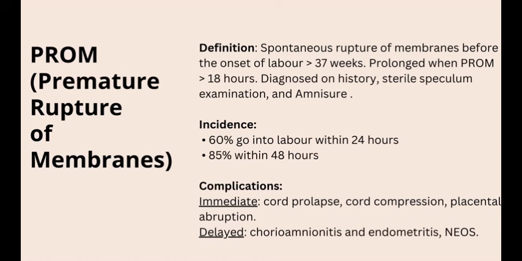The incidence is that about 60% of these patients go into labor within 24 hours and 85% within 48 hours. However, you always need to balance the risks of cord prolapse, cord compression, placental abruption, chorioamnionitis, and endometritis in deciding whether these patients are managed expectantly or induced to go into labor.